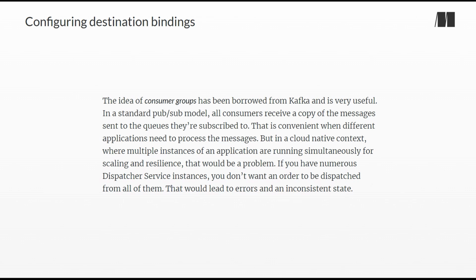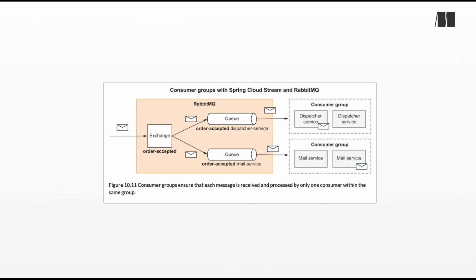If you have numerous dispatcher service instances, you don't want an order to be dispatched from all of them. That would lead to errors and an inconsistent state. Consumer groups solve the problem. All consumers in the same group share a single subscription. As a consequence, each message arriving at the queue to which they're subscribed will be processed by one consumer only.